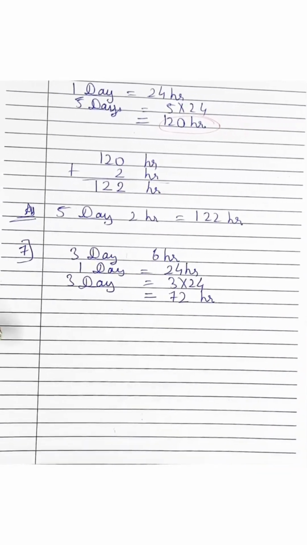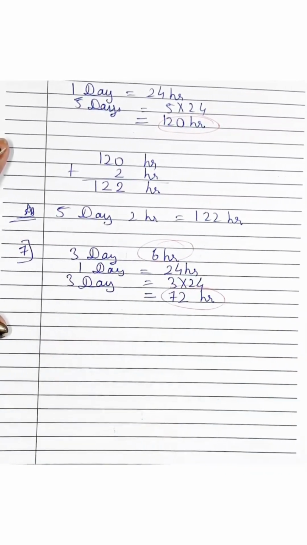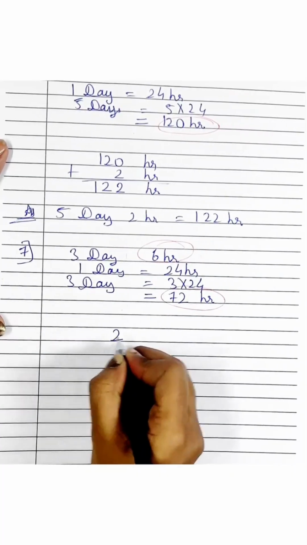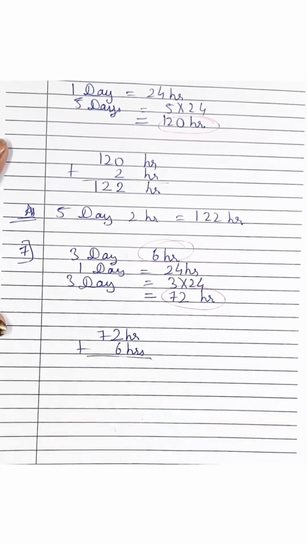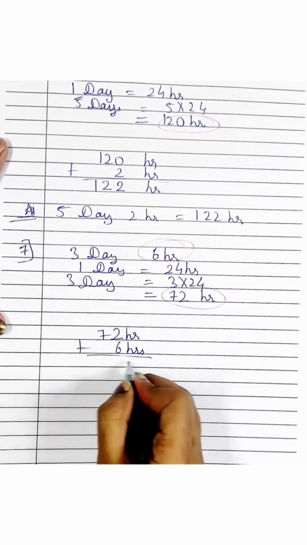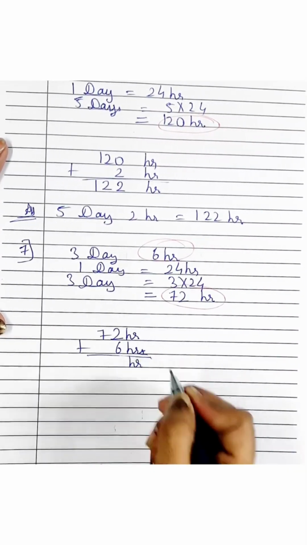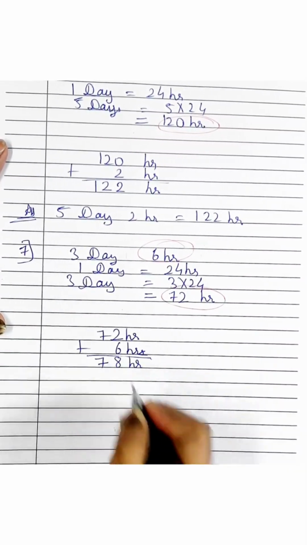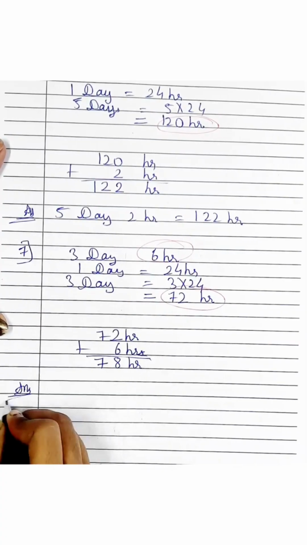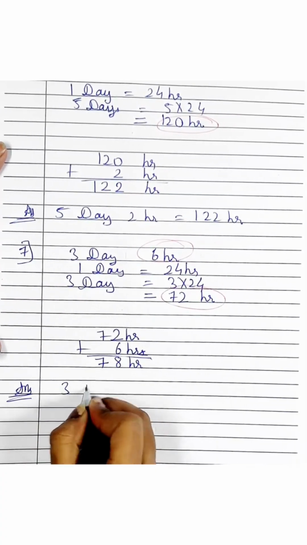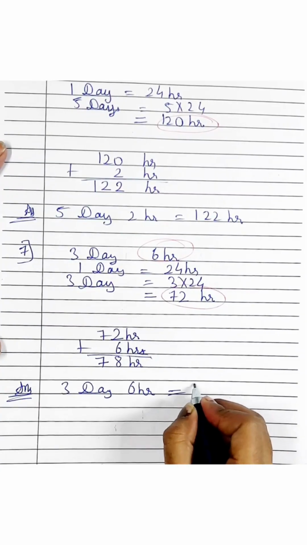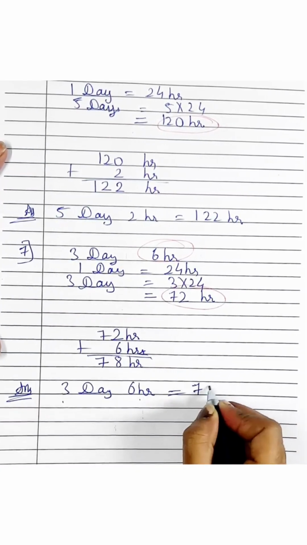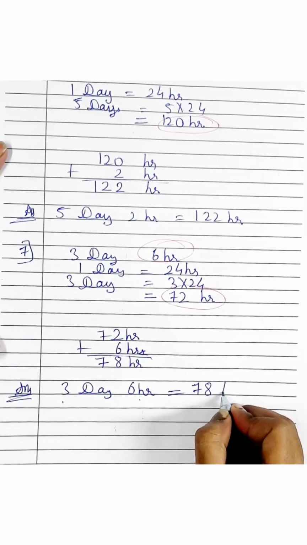Now you will add both the hours. 72 hours plus 6 hours will give you 78 hours. So 3 days 6 hours is equal to how many hours? Total hours is 78 hours.